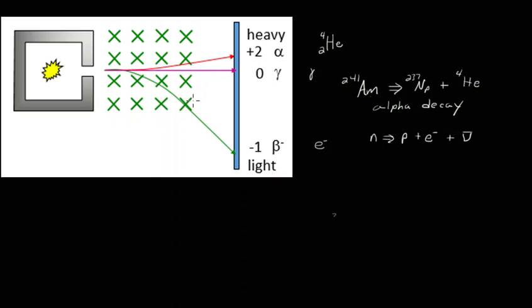They noticed that an alpha particle has 5 mega electron volts of energy when it's released.